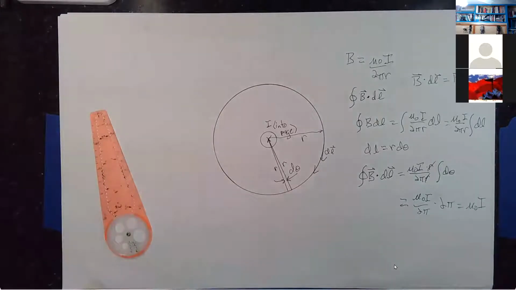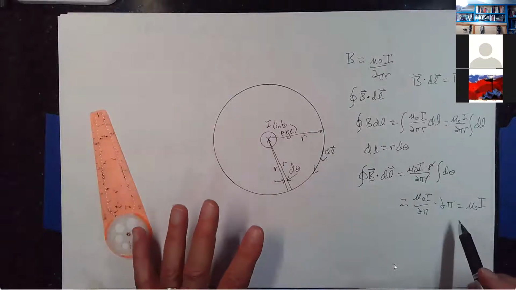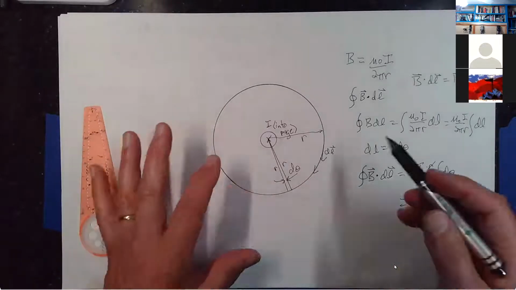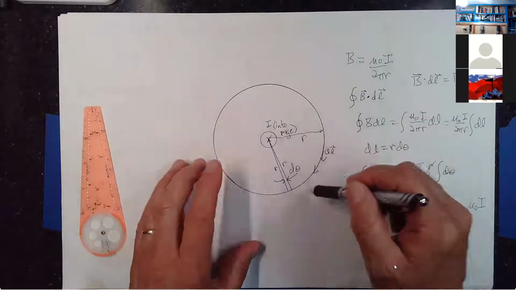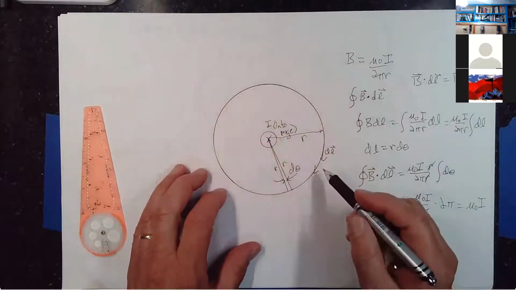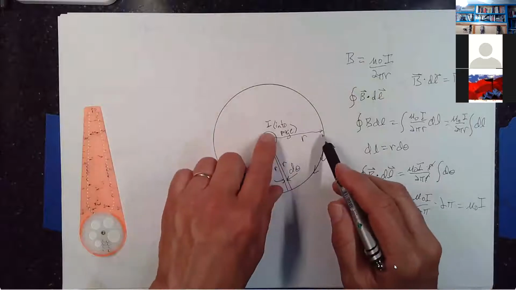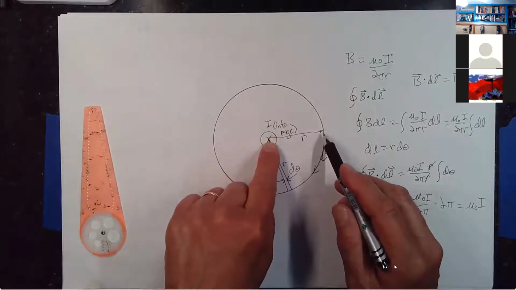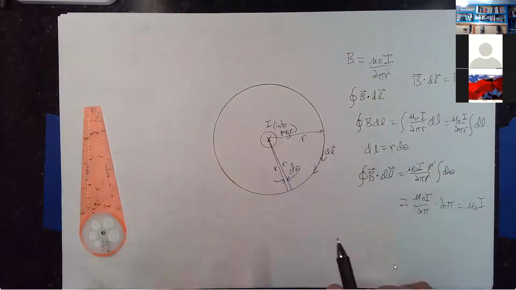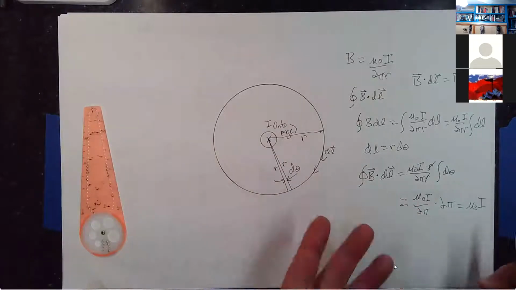Now, that's the case when we had nice cylindrical symmetry here. We picked our path of integration to be always the same distance away from the center of the current that was carrying this, and so we get this nice tidy expression.